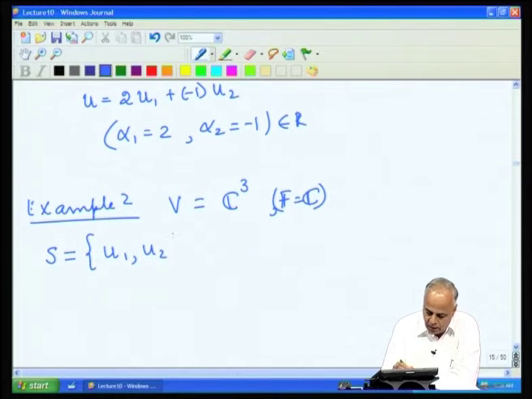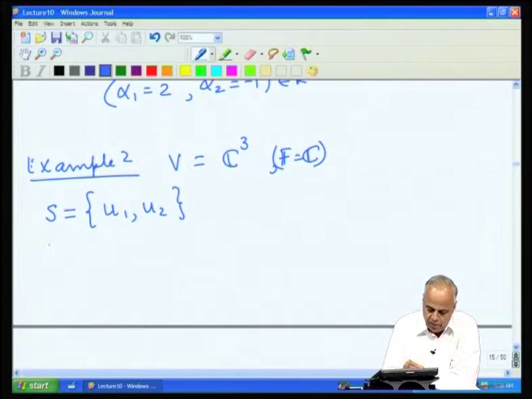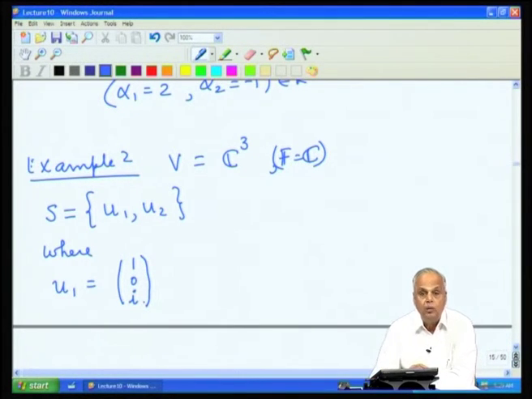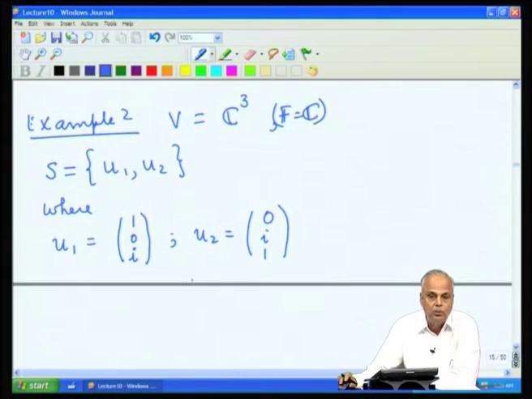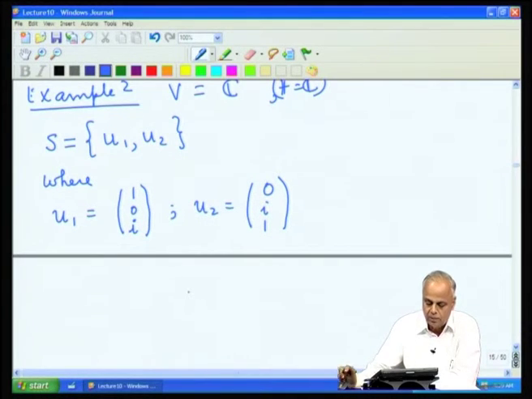So, let us start again, look at two vectors u1 and u2, where u1 is 1 0 i. Now, the entries can be complex, because we are working over a complex vector space, and u2 is 0 i 1. So, we have a finite set of vectors u1 and u2, where u1 and u2 are as defined.